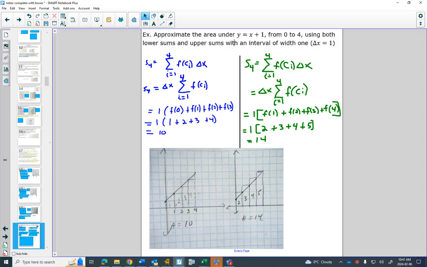Does it make sense that taking the average of the lower estimate and the upper estimate is actually another really good estimate? And in this case, it works out perfectly.